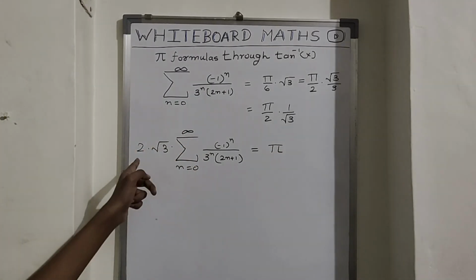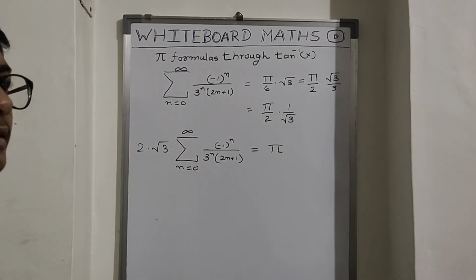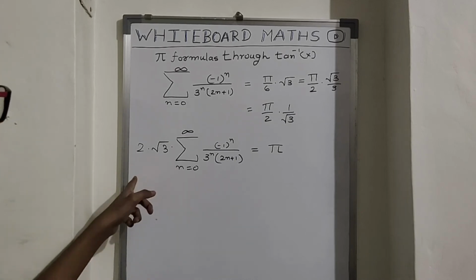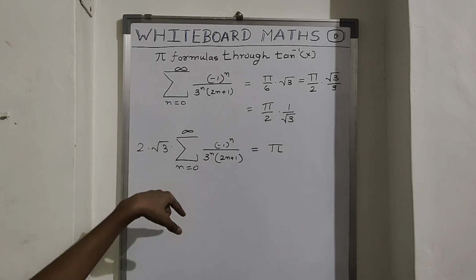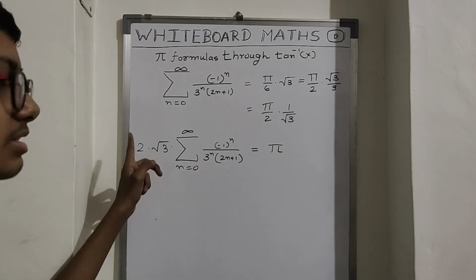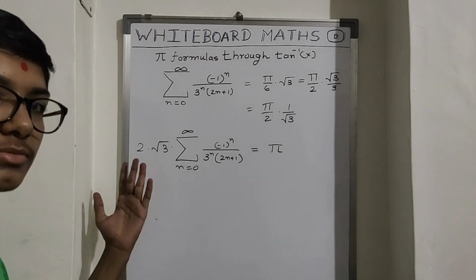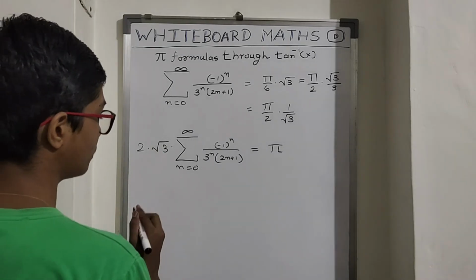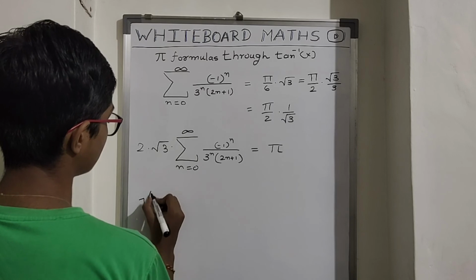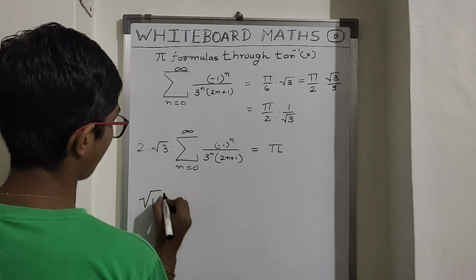And now there is a bit of simplification you could do here. You could take this 2 inside the square root and make it a 4, and then 4 times 3 will become the square root of 12, and this will become our final second formula.